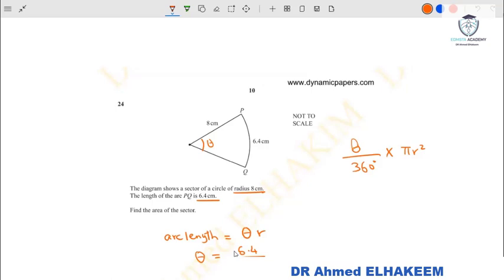This is the rule if theta is measured in radians, but if it is measured in degrees, it will be theta over 360 times 2 pi r. This equals our arc length. You understand?